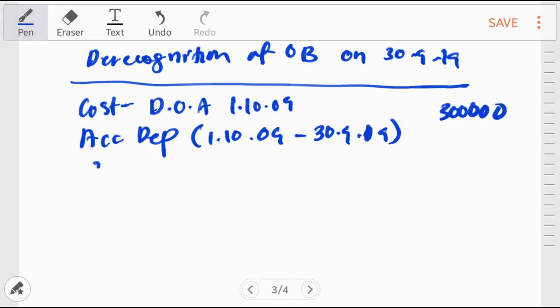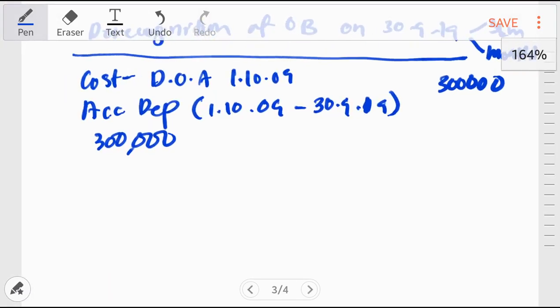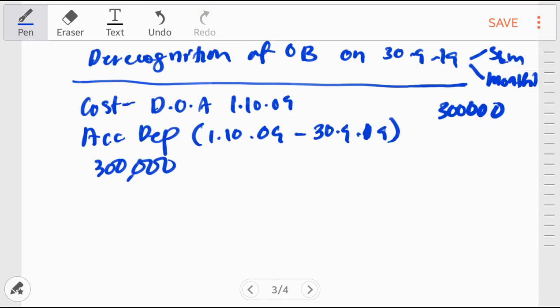You have to take 300,000, and this question still maintains the straight line method, on a monthly basis.